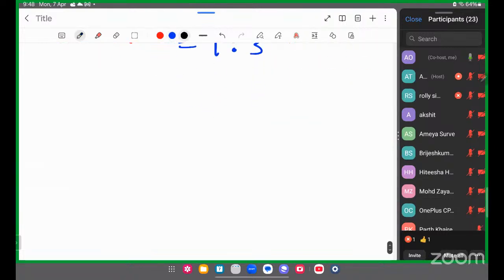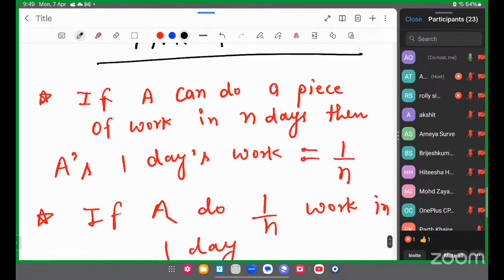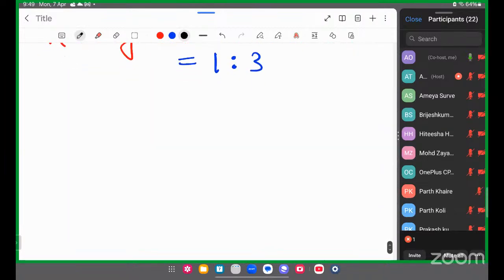Okay. So this is the only concept. If a person can do a piece of work in n days, then for one day we will take 1 by n part of the work as completed by the person. And if one day's work is given to us, we can find out the number of days in which the work will be completed.